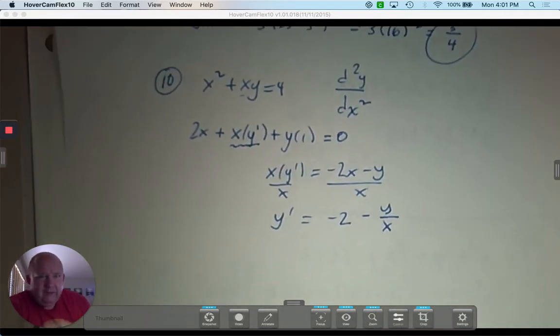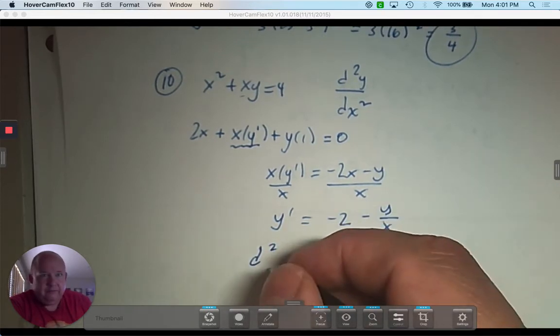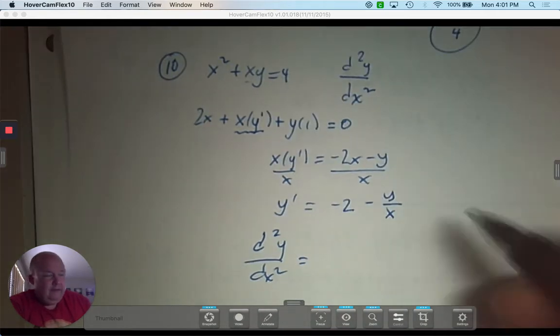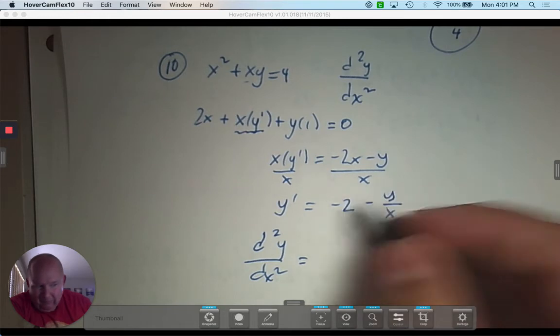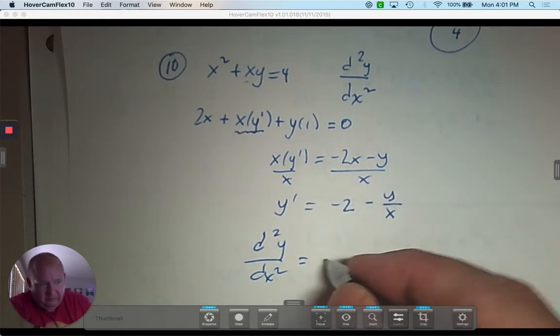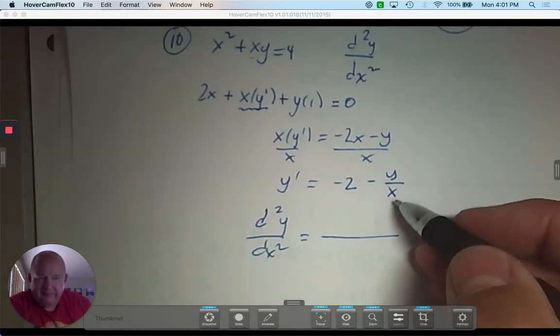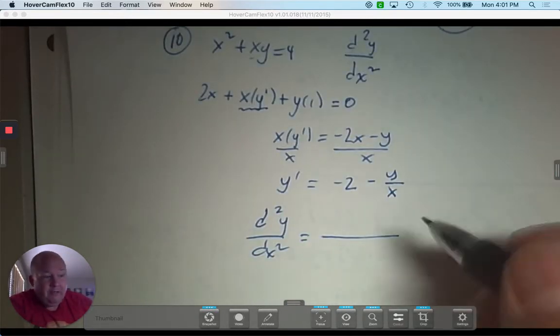So why did I do that? Well, now when I take the second derivative, the derivative of -2 is 0, so I don't even have to worry about that part. But this part I do have to worry about. This is going to involve the quotient rule, because it's y divided by x and not the product rule. All right, what is the quotient rule?